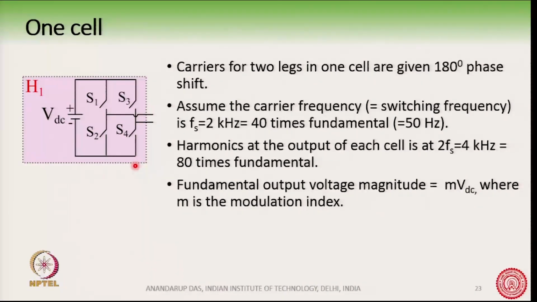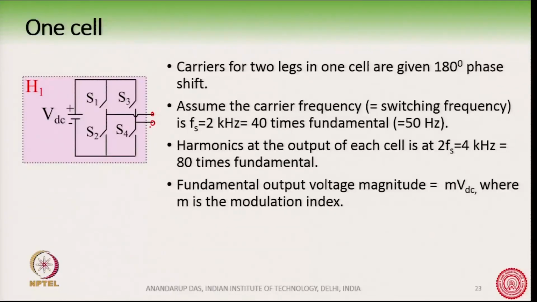The output of one cell, that is here, this output, here, if we see the harmonics at the output, we find that it is at 2 Fs, which is equal to 4 kilohertz or 80 times the fundamental frequency, okay, for 50 hertz frequency.